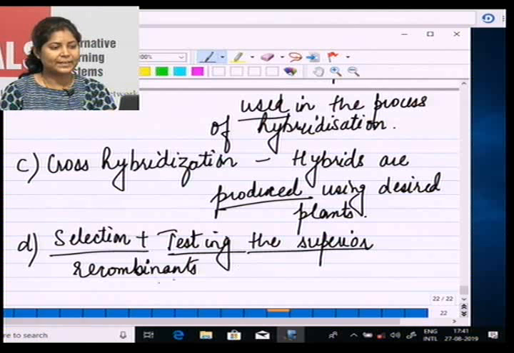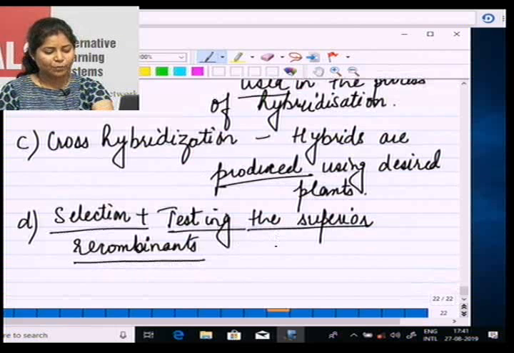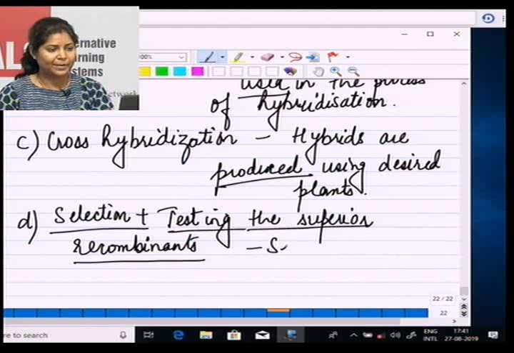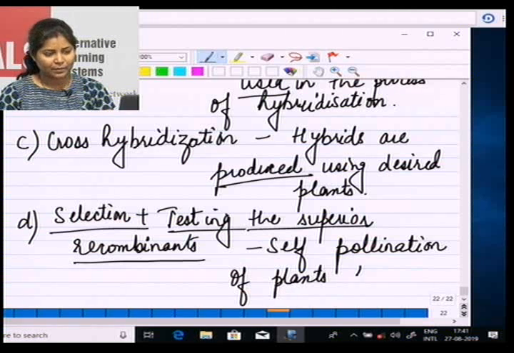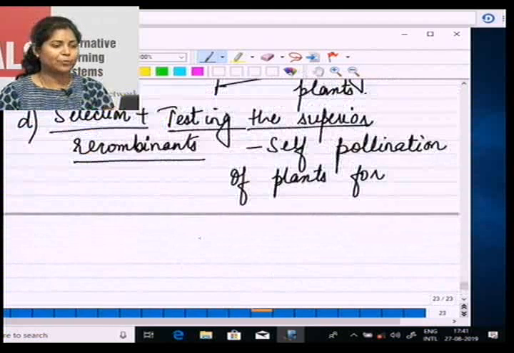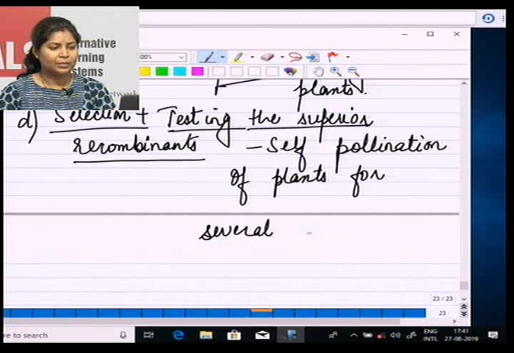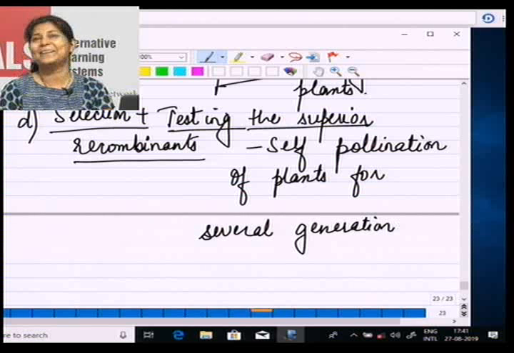Selection plus testing the superior recombinants. So what we want now is to select and test the superior recombinants. So we would be doing self-pollination of plants for several generations. I must have taught you this, back cross, test cross. Okay.